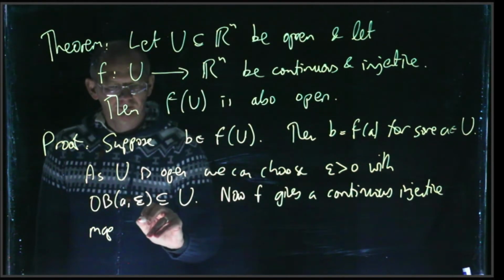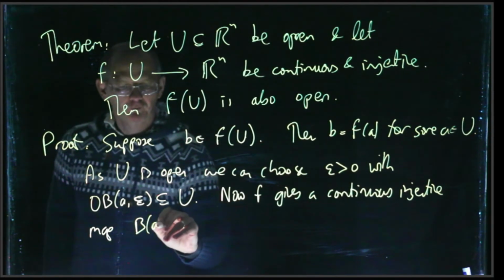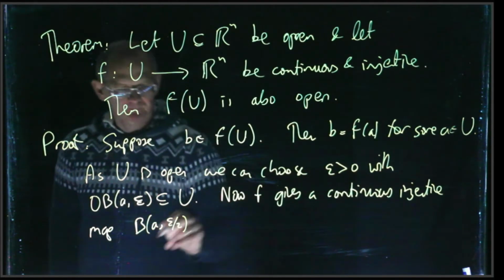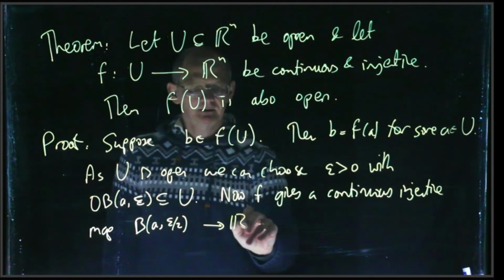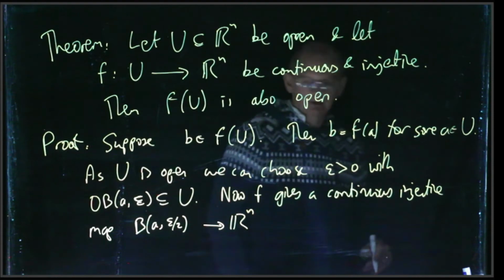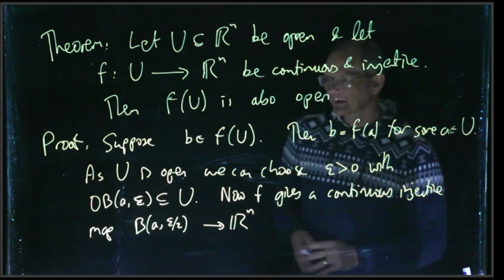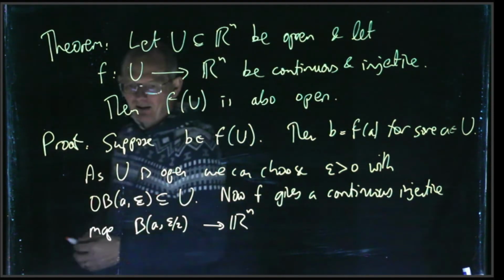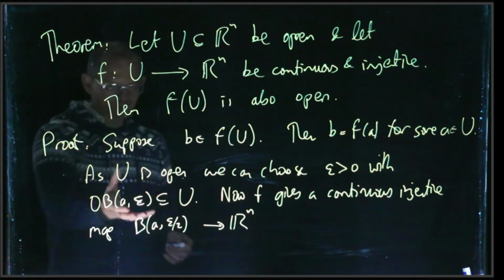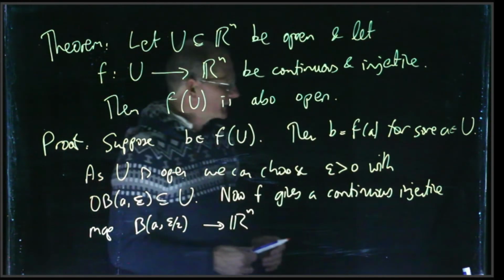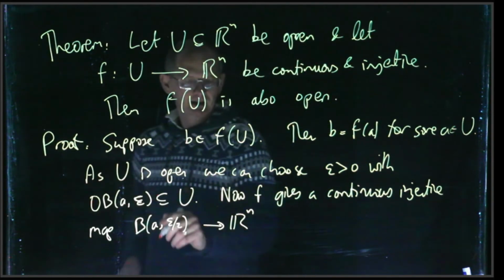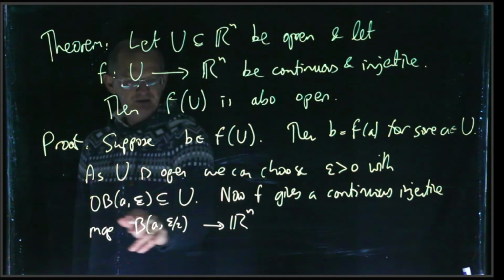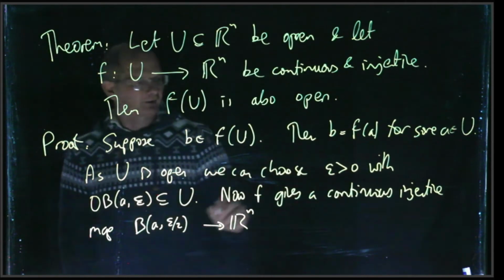So then we look at the closed ball of half the radius, let's say, in R^n. A previous theorem was about the closed ball of radius 1, but of course it doesn't really matter if we change it to a closed ball centered at a different point of different radius. It's essentially the same. So a continuous injective map like this from a closed ball into R^n.